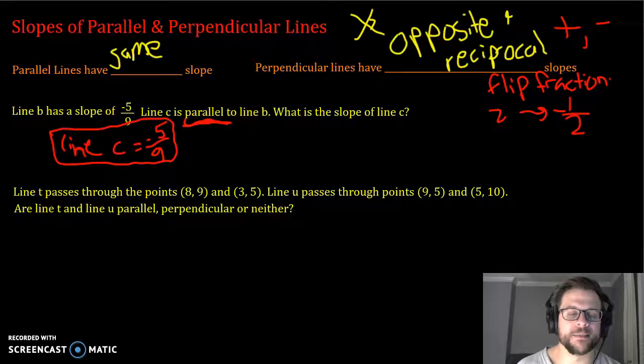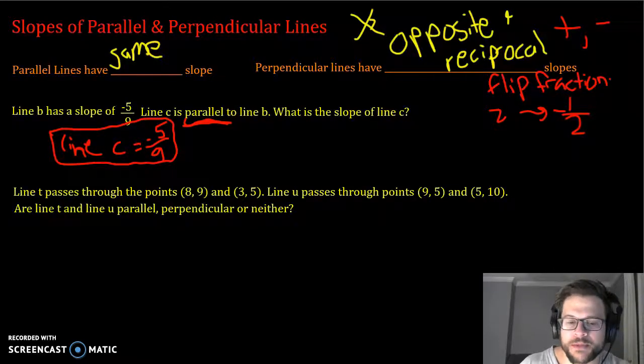Okay, line T passes through the points (8, 9) and (3, 5). Line U passes through the points (9, 5) and (5, 10). Are line T and line U parallel, perpendicular, or neither? So your three states, they either have the exact same slope for parallel, they're opposite and reciprocal, or if they don't meet any of those conditions, then it's just neither.